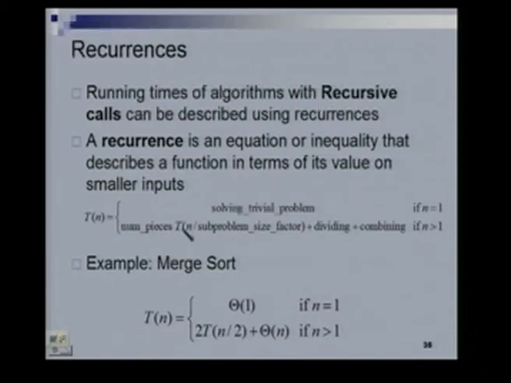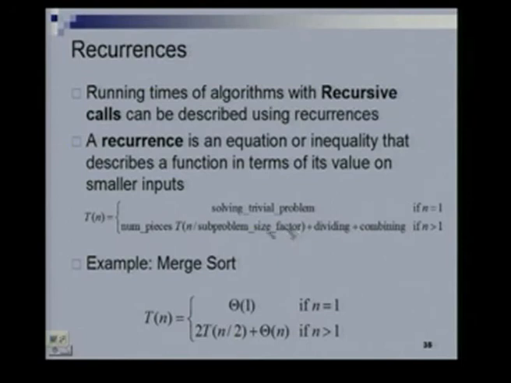the time taken, look at this part. Suppose I divided my n into some number of pieces. In our particular example, how many problems did we divide it into? 2, and each of the subproblems was half of the original. By subproblem size factor I mean the factor by which I have reduced the size of the problem.